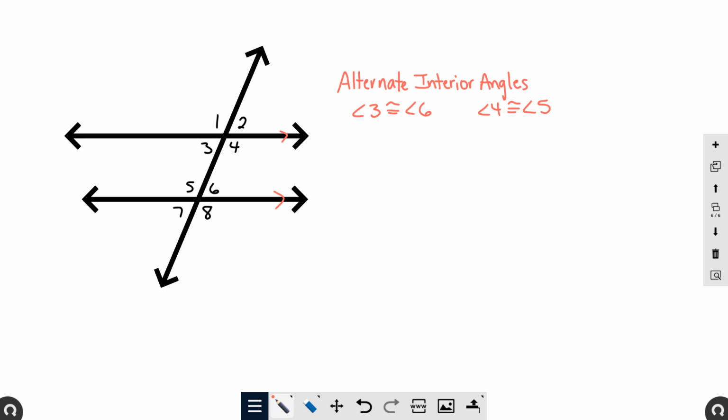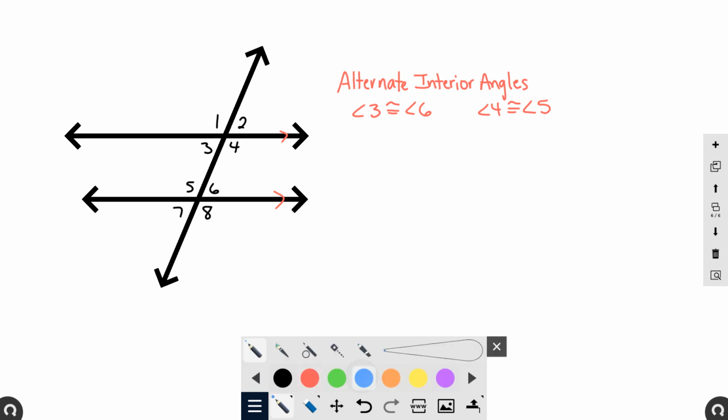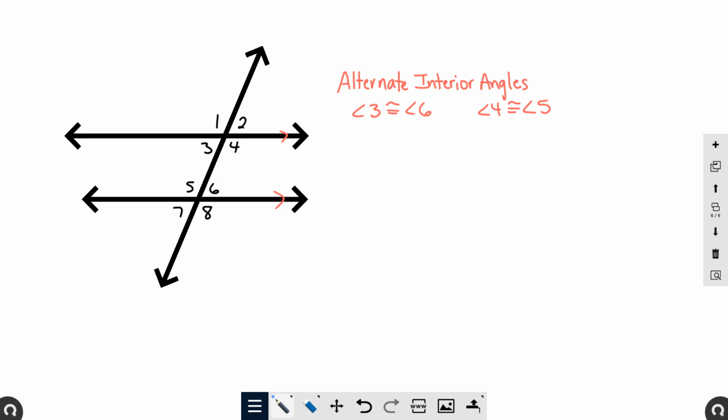Okay? What was another type we talked about? Corresponding angles. Good. And corresponding angles are congruent or supplementary? Congruent. Good. Give me a couple pairs. There's actually 4 pairs of corresponding angles. Name one. 1 and 5.